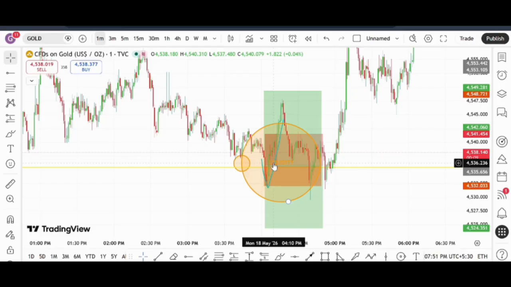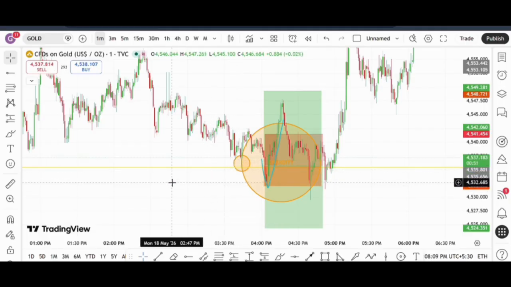Whatever I explained in this video, you just practice liquidity sweeps or liquidity grabbing at equal highs and equal lows, resistance and support zones. However I drew here, in the same way, just try to find every fake move and liquidity grab, okay. The more you practice, the more you will understand.